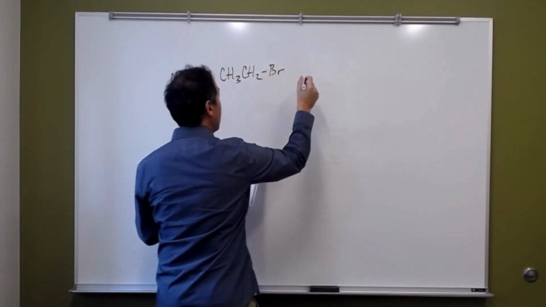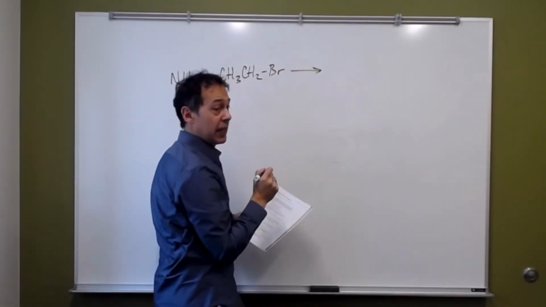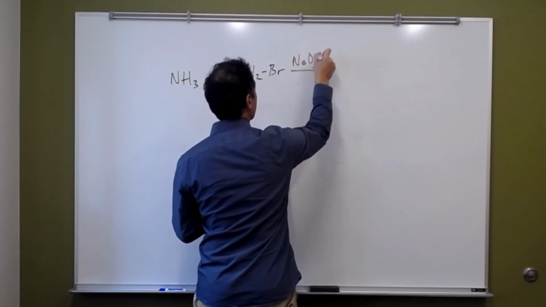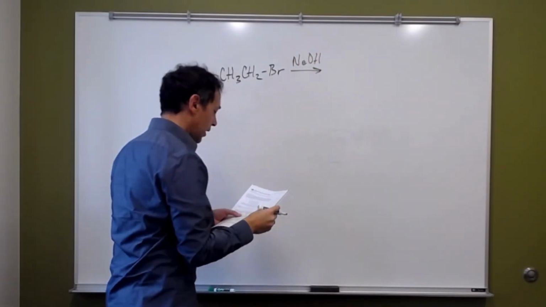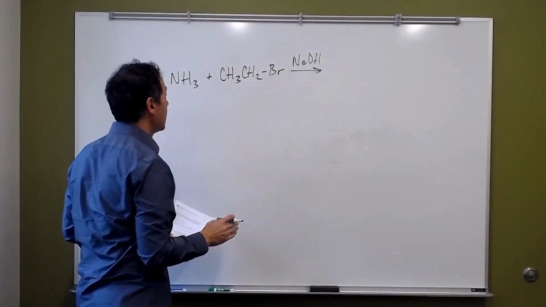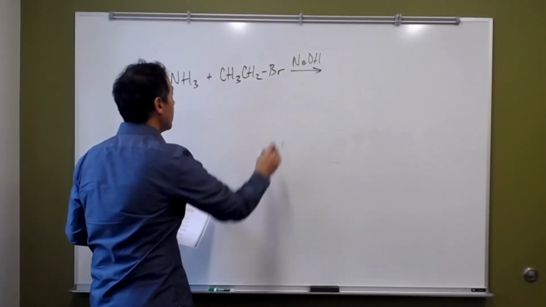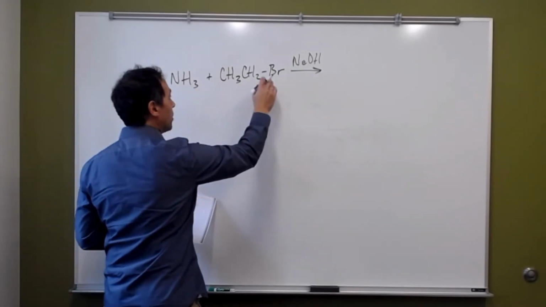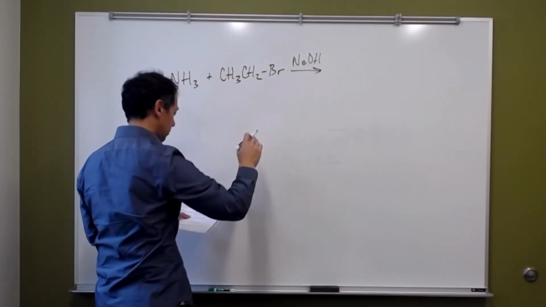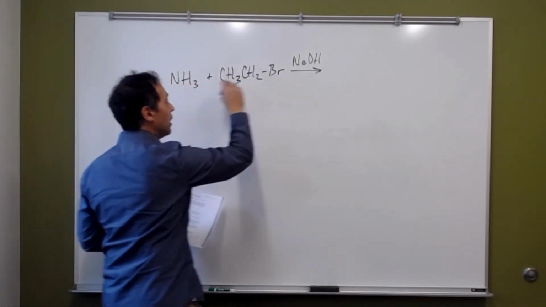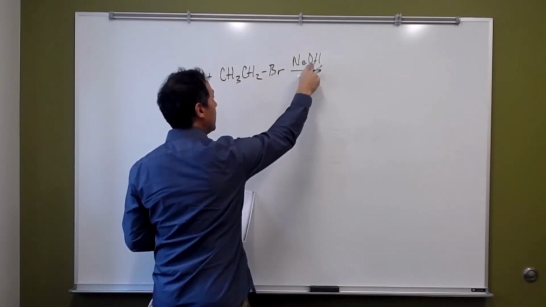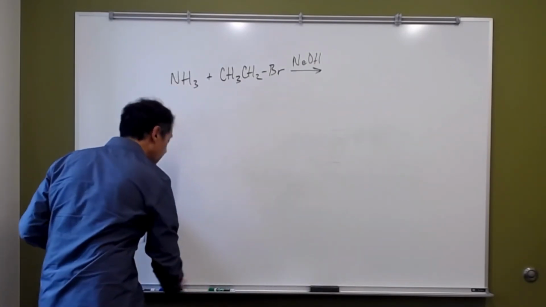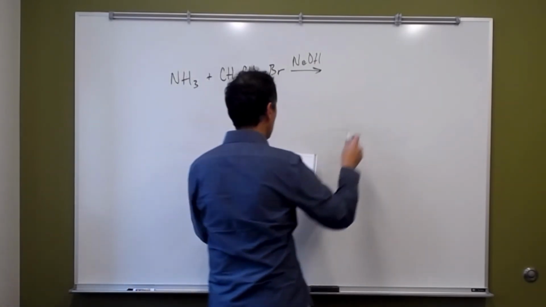CH3CH2Br and a base, like this. And when we do this reaction, what's going to end up happening here is we're going to remove a hydrogen from here, and we'll remove a hydrogen from here. It will then connect with the OH here and form water. And so over here, we'll end up with water.